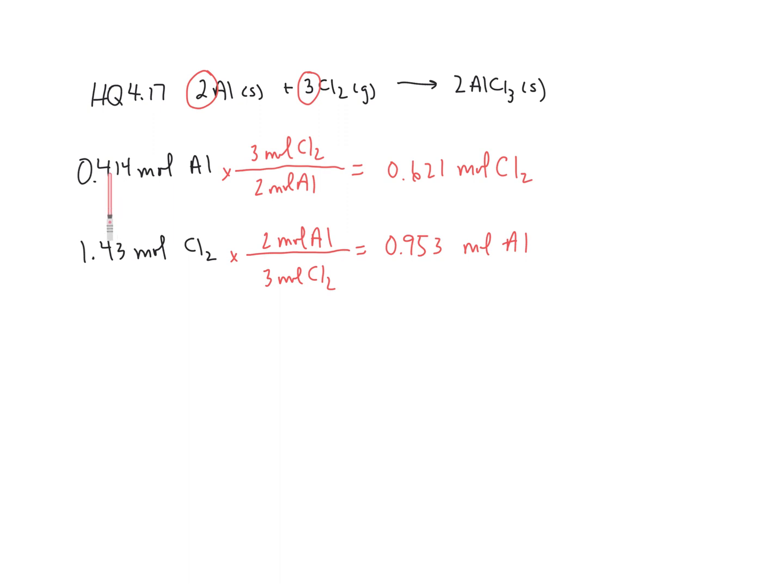So what this means is, based on the 0.4 moles of aluminum in the reaction, if all of this aluminum was used, we would consume 0.621 moles of chlorine. I go down here and look, I've got 1.43, so I've got more than enough chlorine for this reaction. So chlorine is not my limiting reagent.